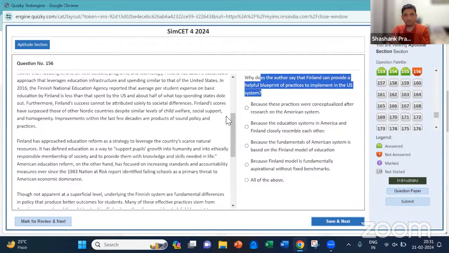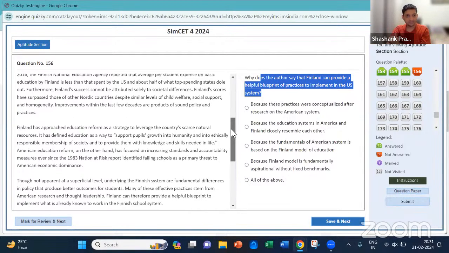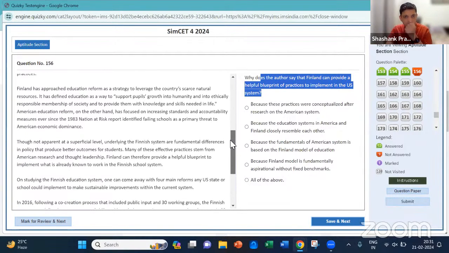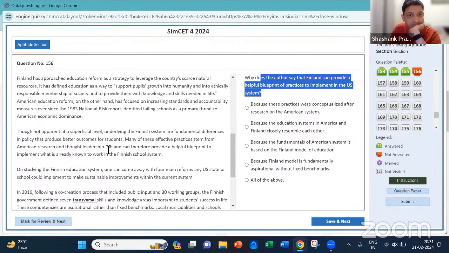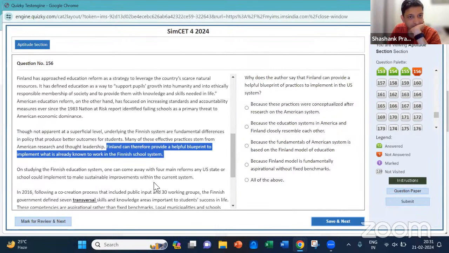Finland can provide a helpful blueprint of practices to implement in the US system. This one. Because they stem from American research and thought leadership. Maybe this one.